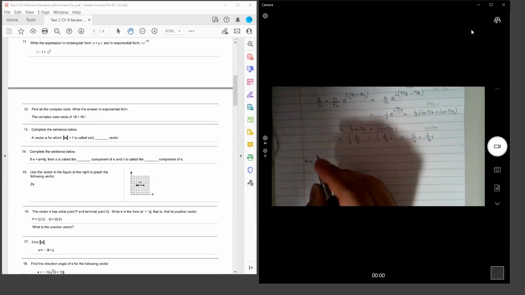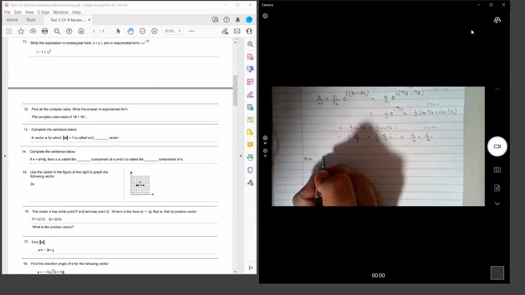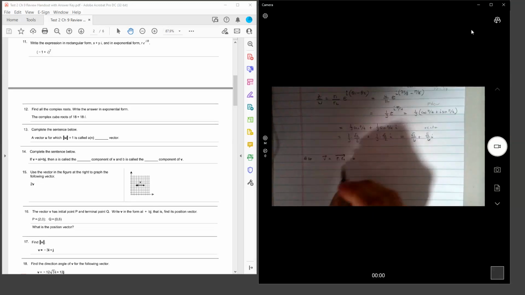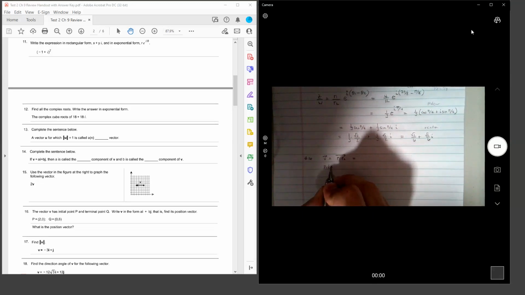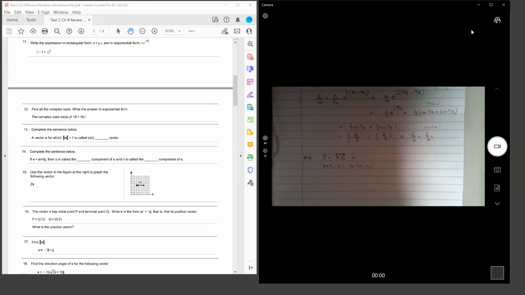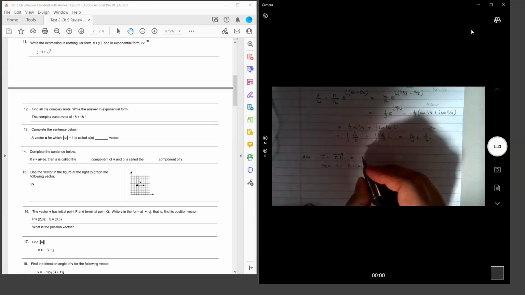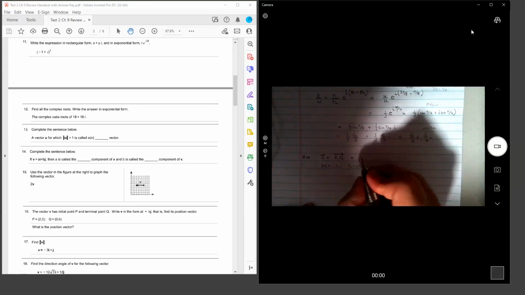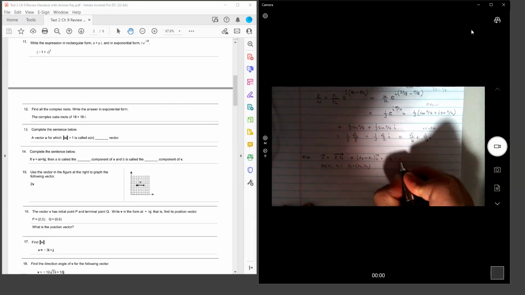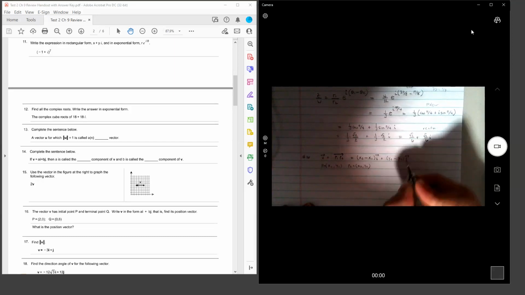So in number 16, they want us to write the position vector. Let's call that vector v, that has initial point 1 and it ends at point 2. Okay. So point 1, x1, y1, point 2, x2, y2. So the position vector, so it is a vector, let's write it in ij form, is the following: x2 minus x1 i plus y2 minus y1 j.